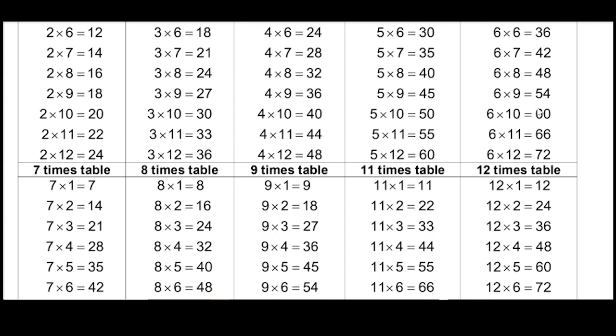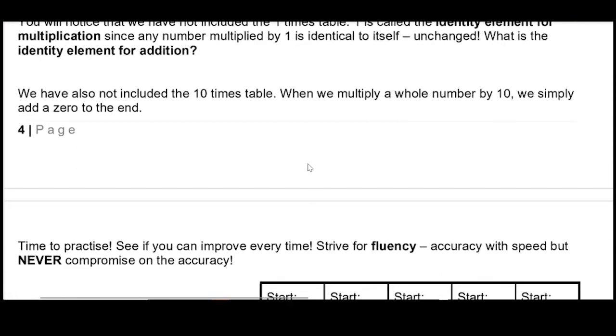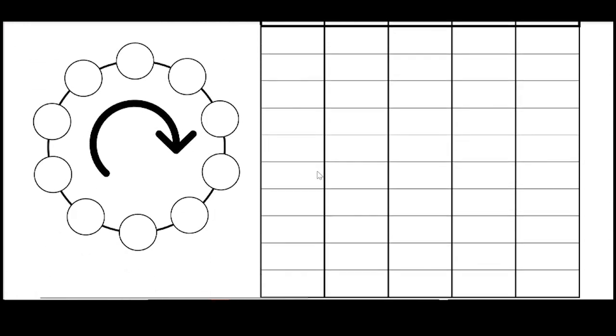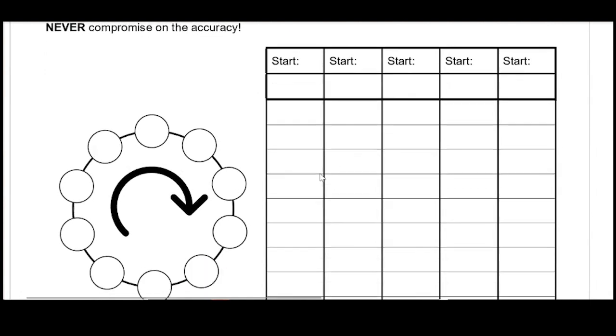So if you've learned that 6 times 9 is 54 in your 6 times table, then you know that 9 times 6 is also 54 in your 9 times table. Learn them.